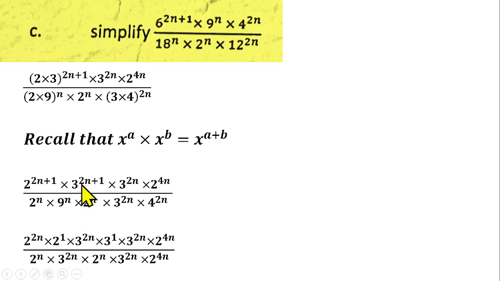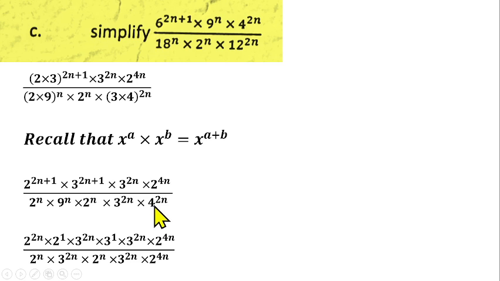Then times 3 raised to power 2n times 3 raised to power 1. Then times 3 raised to power 2n, then times 2 raised to power 4n over 2 raised to power n times, simplify this, index of 9 is 3 raised to power 2 multiplied by n times 2 raised to power n times 3 raised to power 2n.